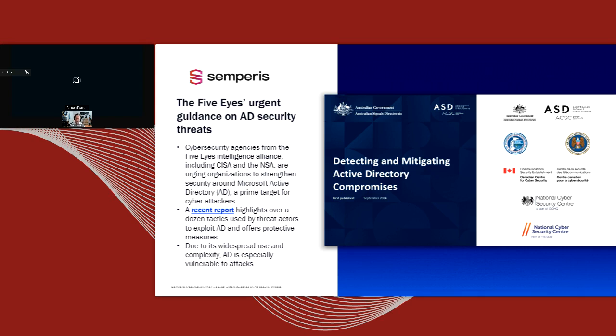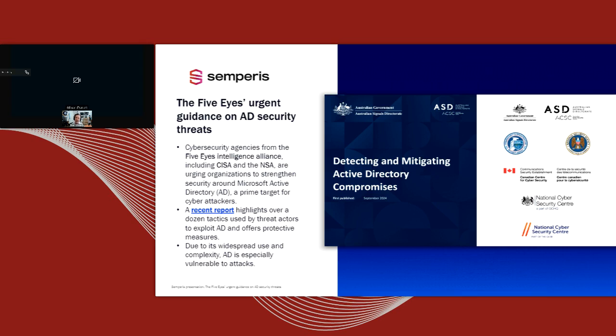The document is called Detecting and Mitigating Active Directory Compromises. It's a 75-page report giving urgent guidance on a single product. I've not seen a report from the Five Eyes that focuses on one particular product and its vulnerabilities.